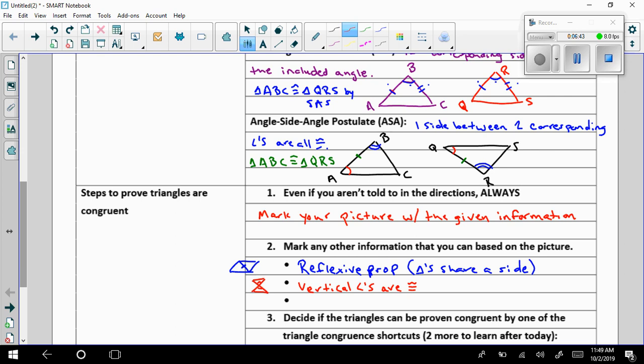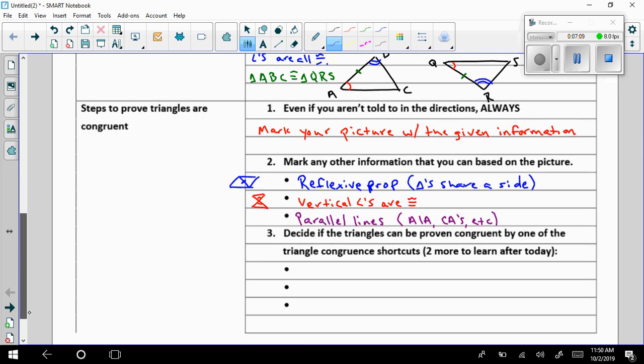And then last, look for parallel lines. We know that if we have parallel lines, we have alternate interior angles, corresponding angles, etc., that we can mark congruent. So look for those relationships inside your diagram if you have parallel lines.